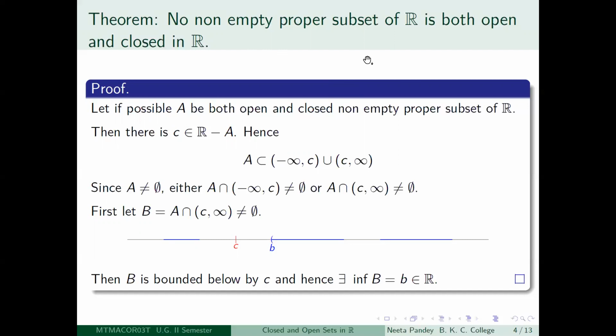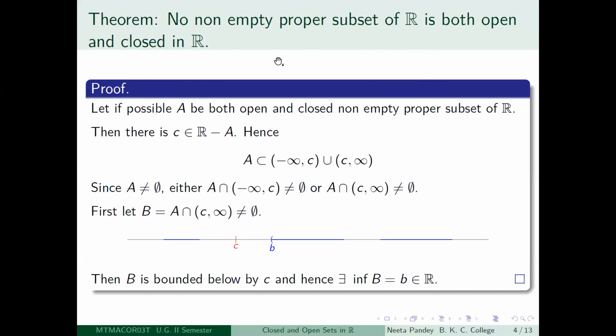You saw that the empty set was both open and closed. Also, the set of real numbers is both an open set and a closed set. You also have examples of sets which are neither open nor closed, for example, the set of rational numbers. And you just now proved something about a set being closed if and only if its complement is open. So you have all this knowledge in your mind.